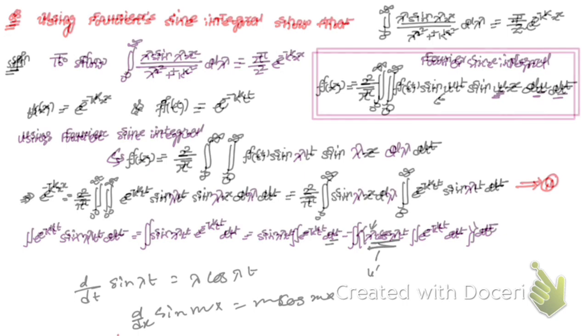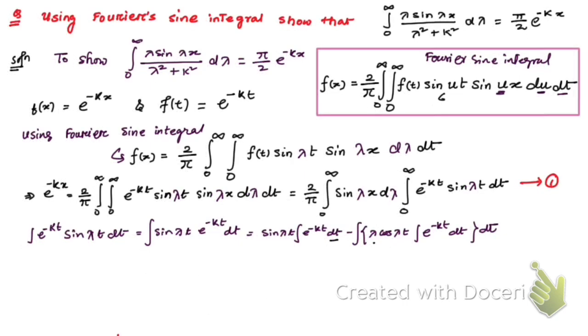So now let us simplify this. This is equal to sine lambda t and the integration of e to the power minus kt. We know the integration of e to the power mx dx is equal to e to the power mx by m.